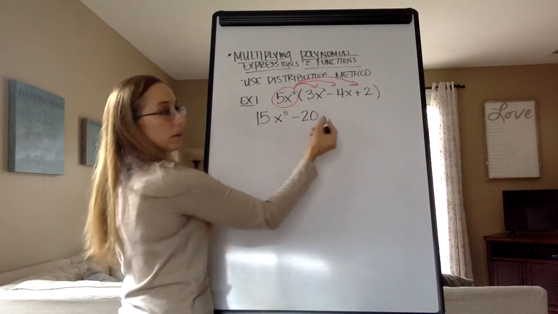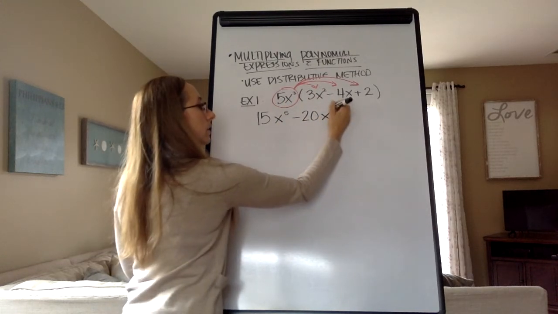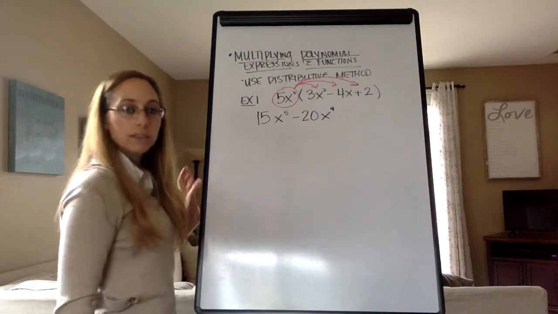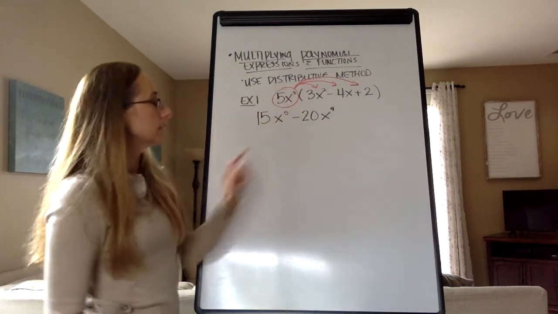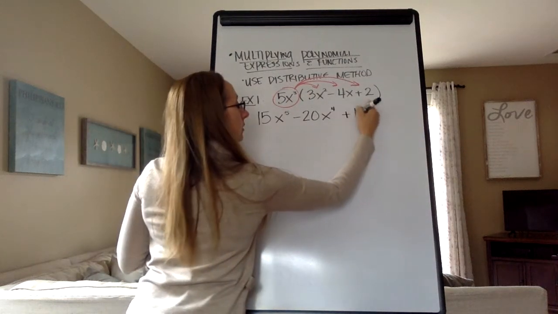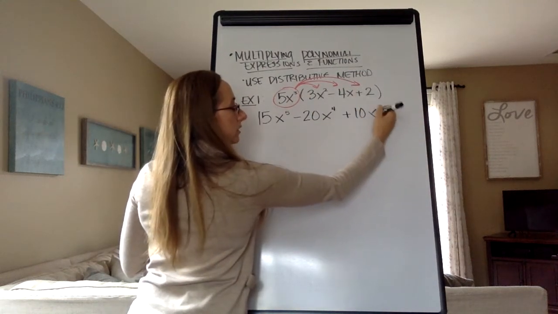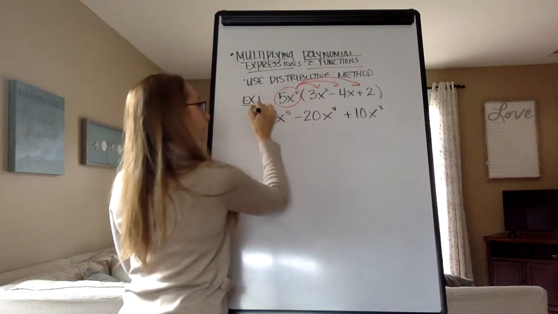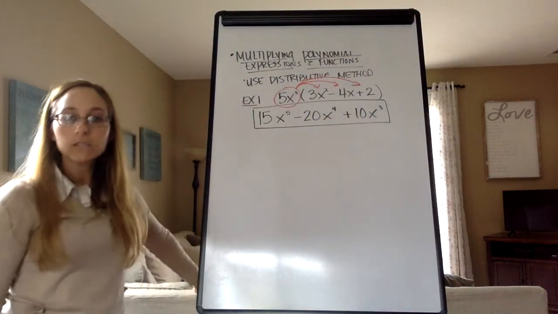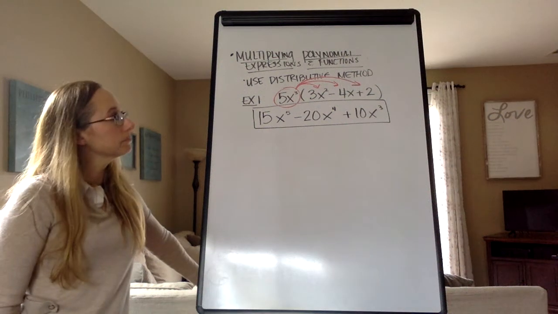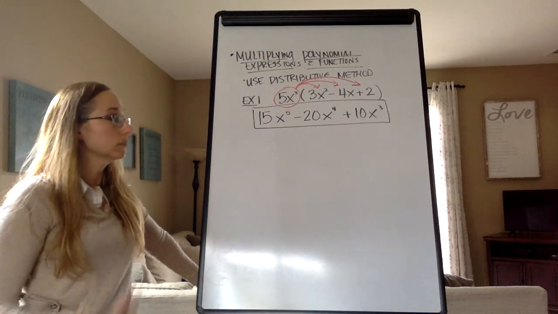And so 3 plus 1 is 4. So we get x to the fourth. And then 5x to the third times 2. 5 times 2 is 10. And then we just have x to the third. So that's how you multiply polynomial expressions with each other.